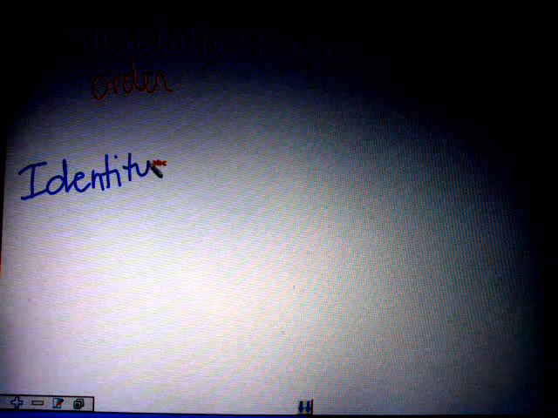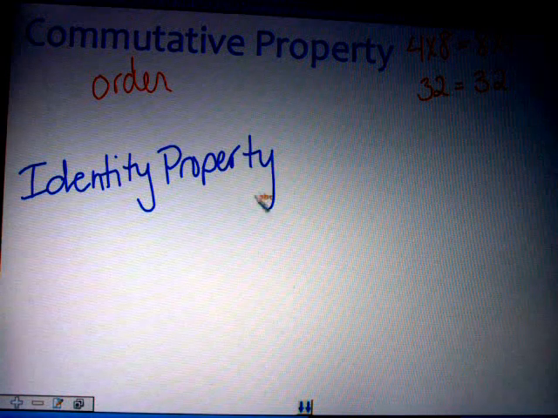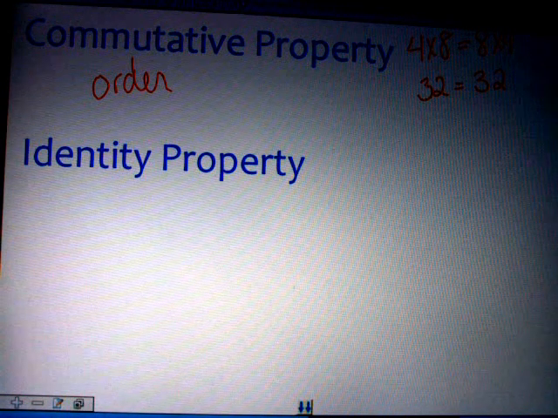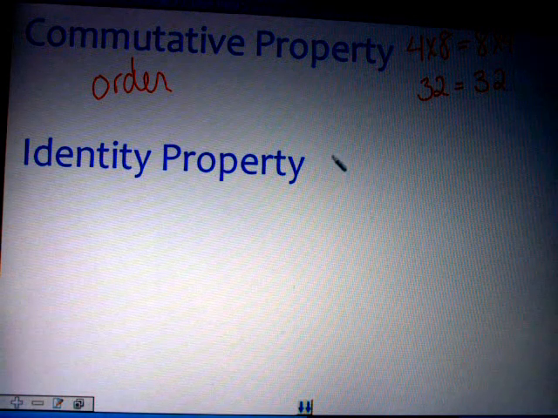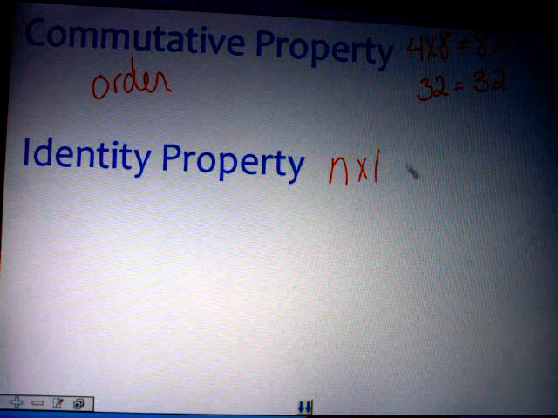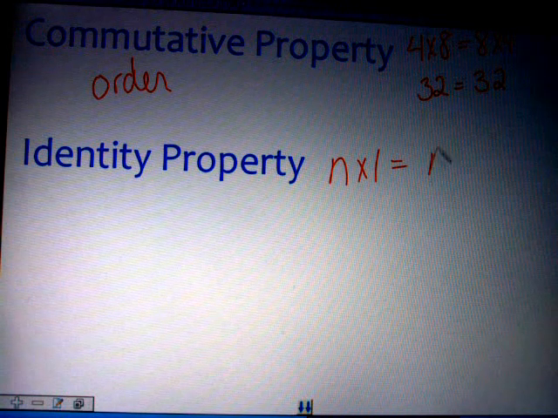And the last one we're going to deal with today is the identity property. And everyone loves the identity property when it has to do with multiplication. It's one of your favorite multiplication problems, because any number times 1 equals that number.